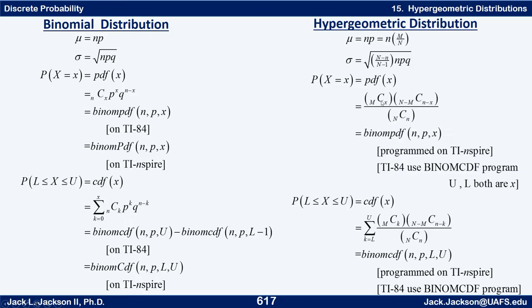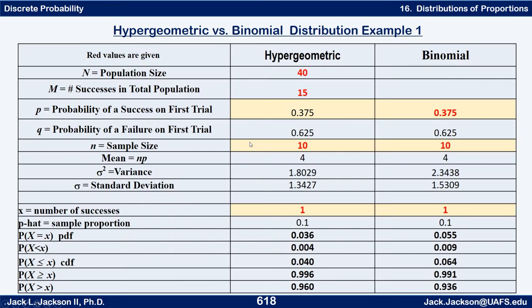In contrast, for the hypergeometric, the probability that X equals little x is still the PDF of x, but the PDF is given by this formula right here. And we built a program on the TI-Nspire ourselves. It was not given to us.